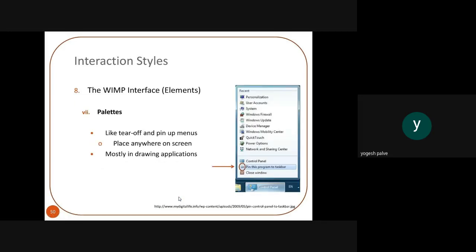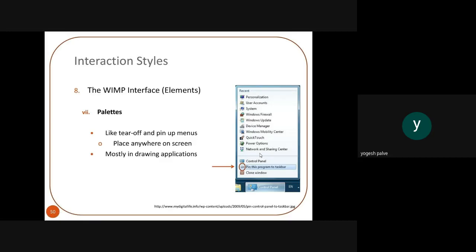Then there will be palettes. In the palettes, as you will see, this is the diagram where the user can use the palettes. There will be tiers or pins of the menu. According to this diagram, here you will see in the list there will be a pin. According to their need, the user can use this application for a moment.